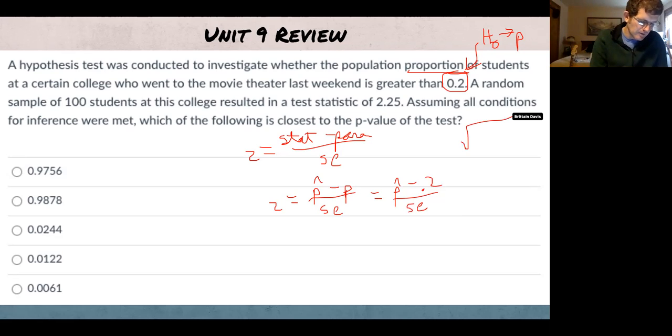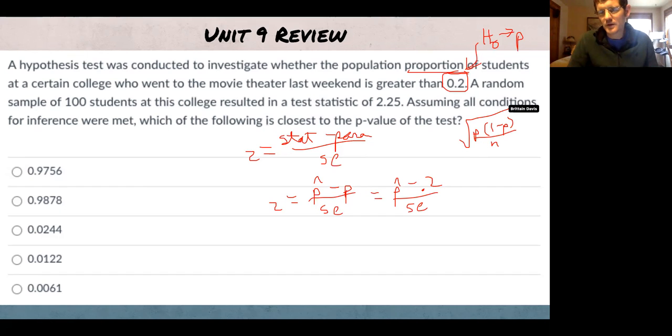Remember, that's p hat times 1 minus p hat all over n. Or, sorry, it's p. Now I'm forgetting. Yeah, we use p for this. Yes, I had to think through that.